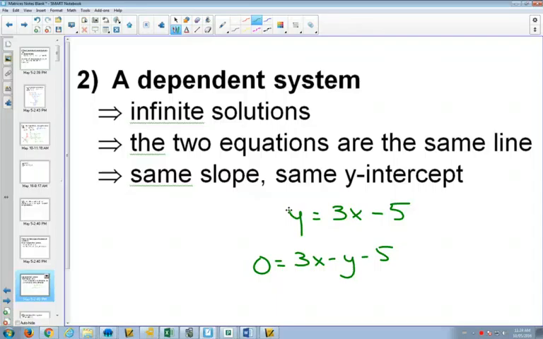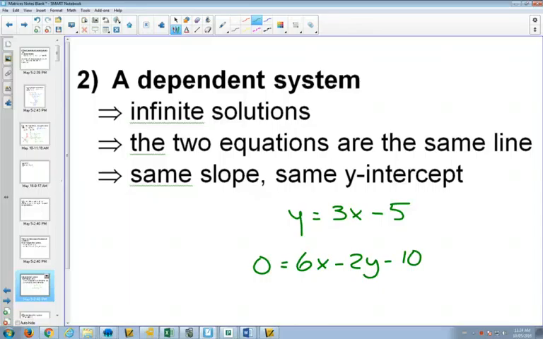But if you were asked, can you find the intersection between these two lines, they might not appear to be the same at this moment. I could make them look even more different by multiplying this one by 2. And then it does look quite different. But those are still the same two lines.